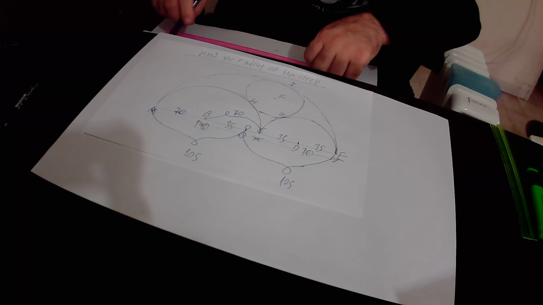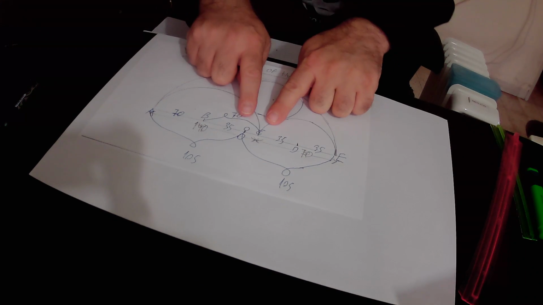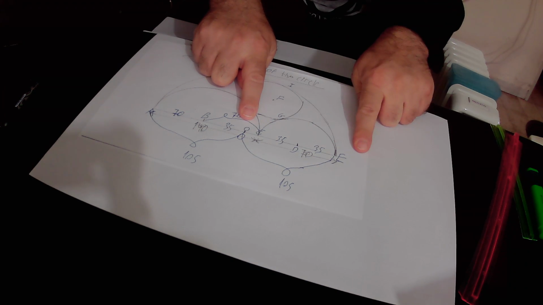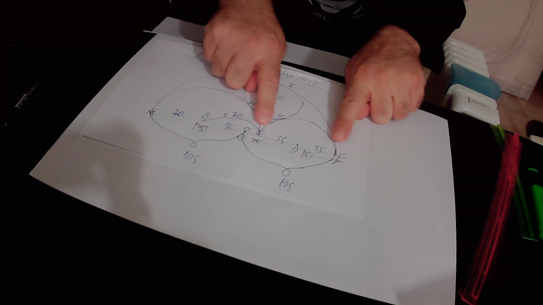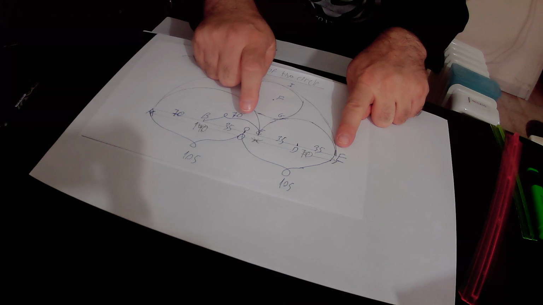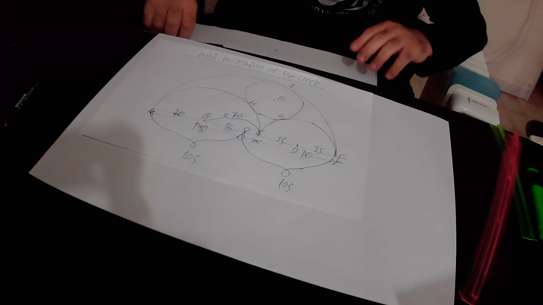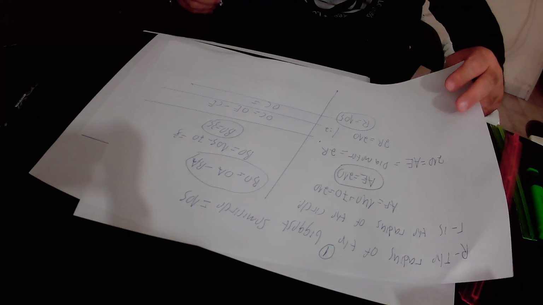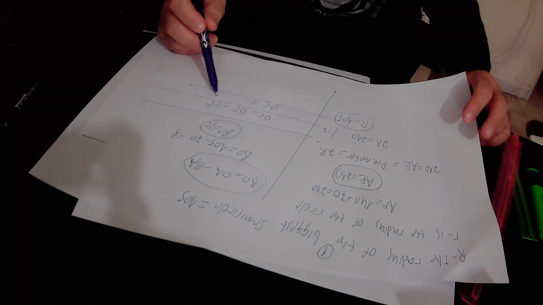I repeat again, the length of this small line segment OC is equal to OE minus CE. OE minus CE equals OC.